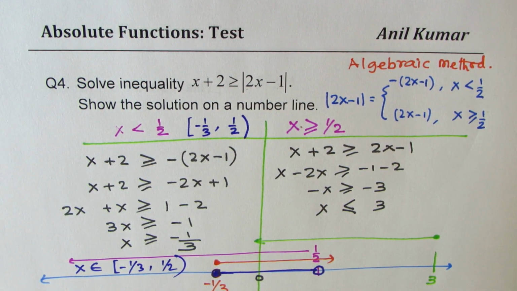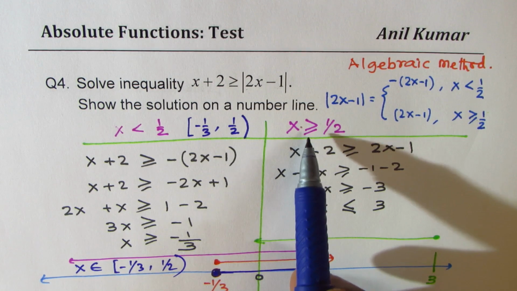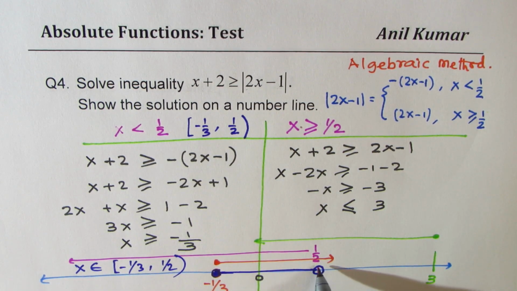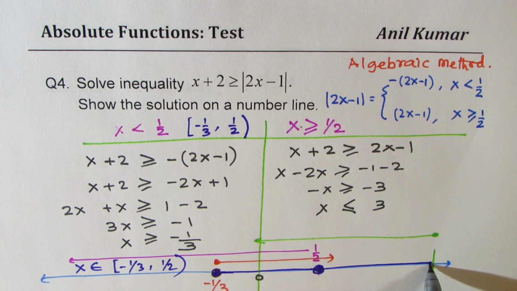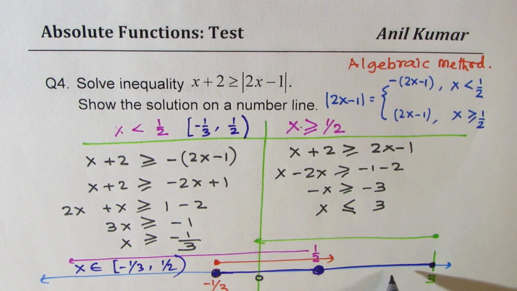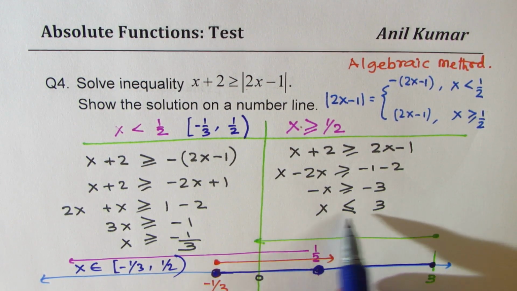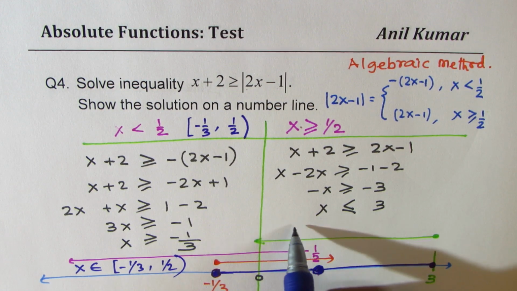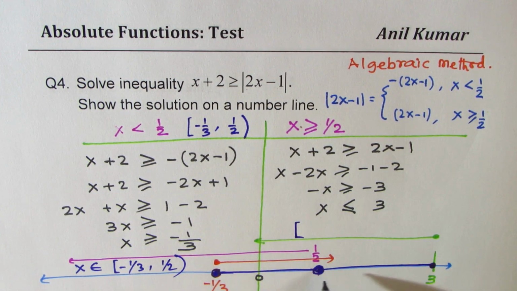Well, clearly we are including greater than or equal to half. That means we are including this point and then moving up to 3, including 3. So that is the common portion. Does that make sense to you? So from here we get that the interval is from half to 3.